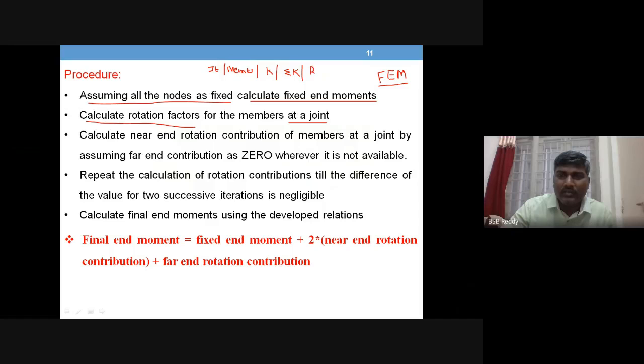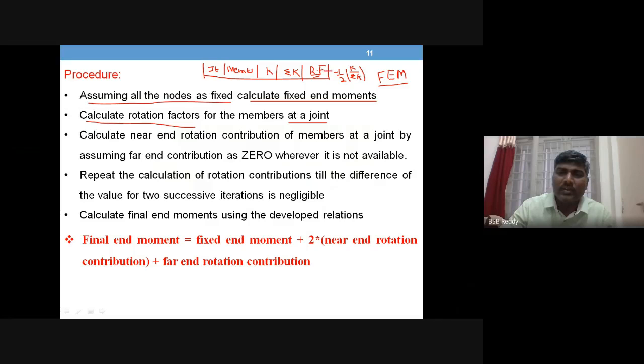The distribution factor was simply k by sigma k, whereas the rotation factor formula is minus 1 by 2 times k by sigma k. So that is step 2, to calculate rotation factors.